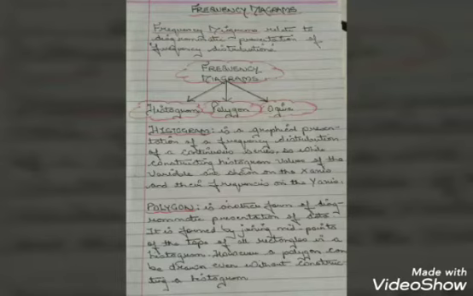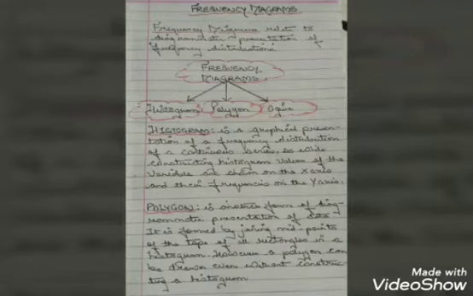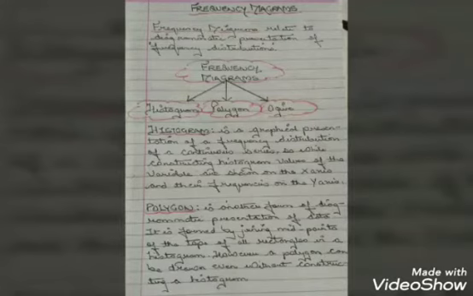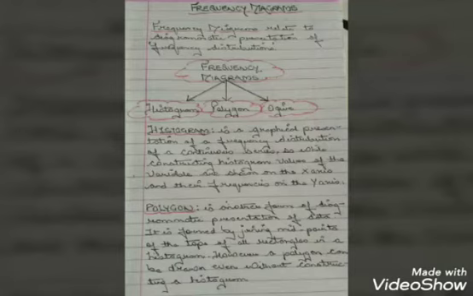That means that in these diagrams the values of a variable repeat themselves a number of times, and these frequency diagrams are of three different forms: histogram, polygon and ogive. I am going to discuss each diagram one by one. Today we will be discussing histogram and polygon.